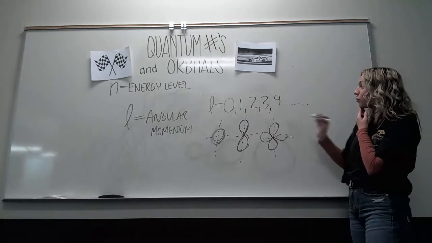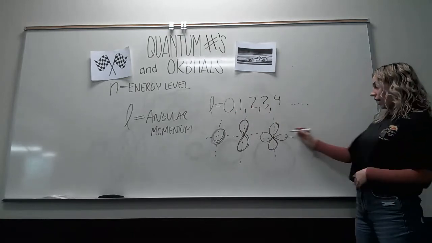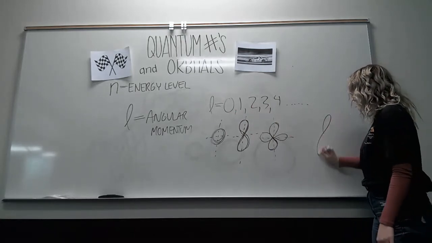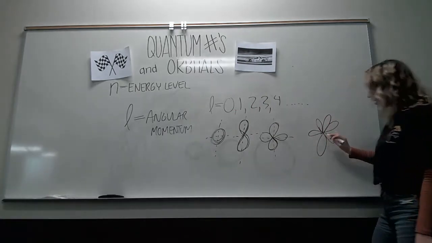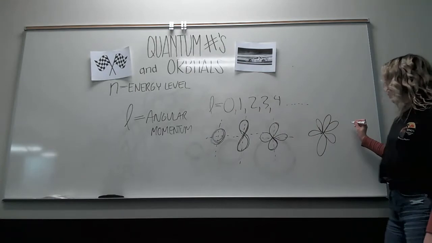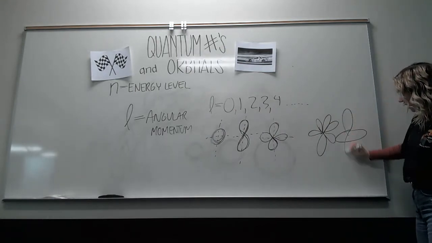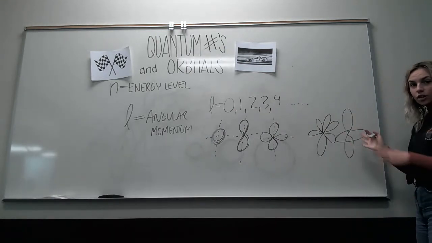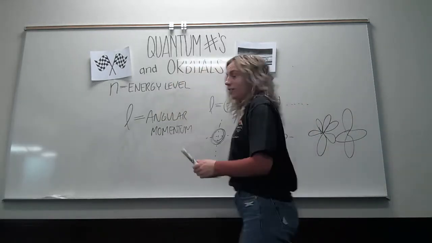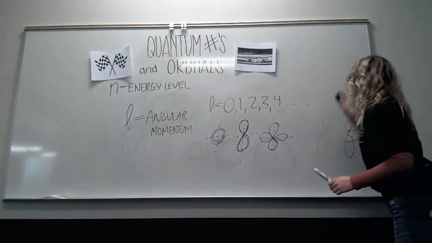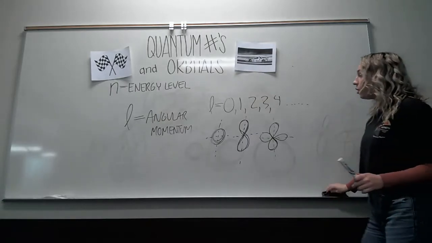And then L equals 3 and L equals 4 get more and more complex, as I'm sure you can assume. There would just be a lot more dumbbells. Sometimes you've got shapes that intersect with each other, and it just gets really, really confusing. So the main thing you need to know shapes-wise is to be able to identify L equals 0, 1, and 2.